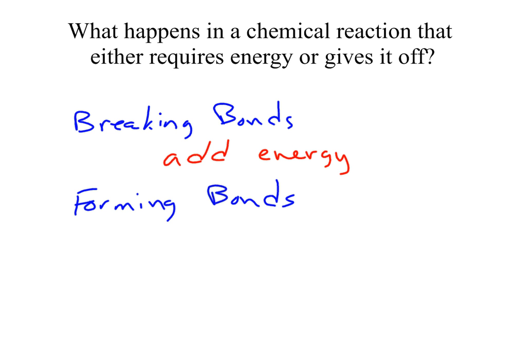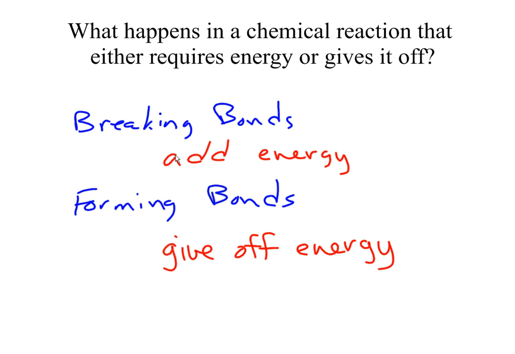And the forming of bonds is always going to give off energy. So from the energy standpoint, the breaking of bonds is going to involve adding energy in order to break those bonds. And when we form the new bonds, we're going to give energy off. So that exergonic or endergonic reaction depends on the amount of energy we have to put in to break the bonds versus the amount of energy we get out when we form the new bonds.